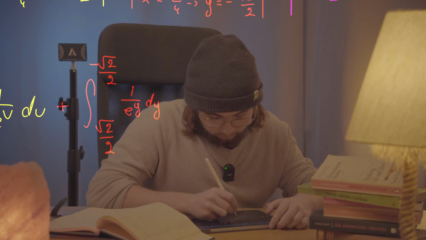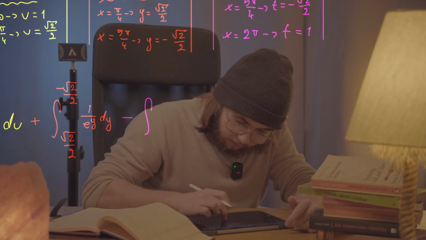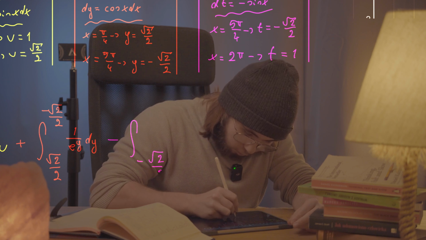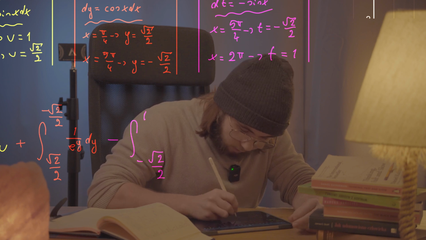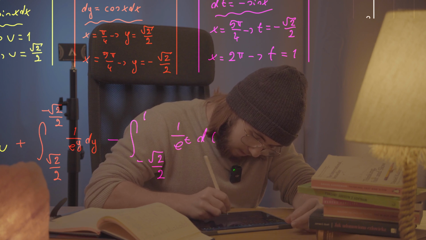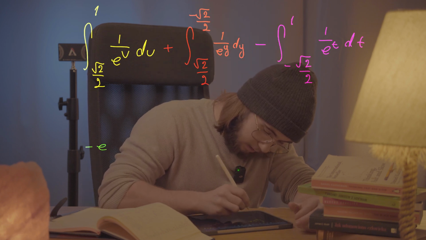And then last but not least, as for the pink guy, it's going to be negative integral between negative square root of 2 over 2 and 1 of 1 over e to the t dt.